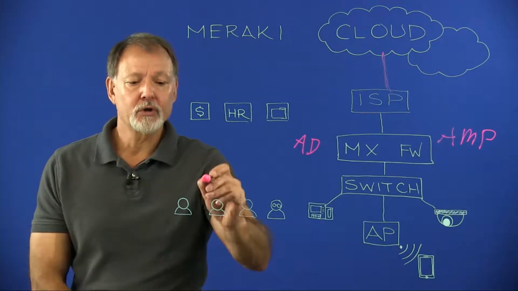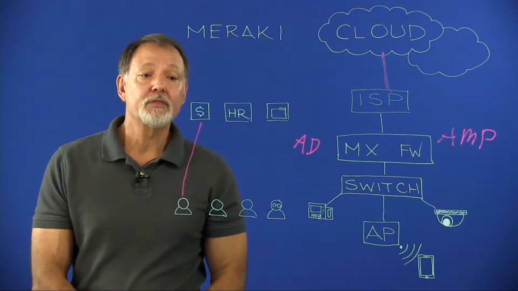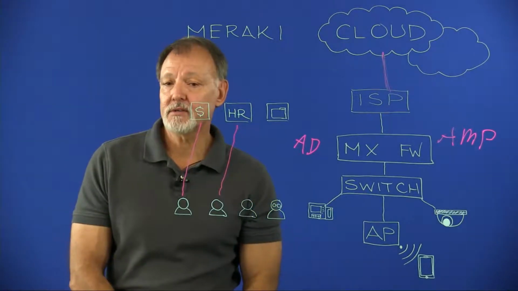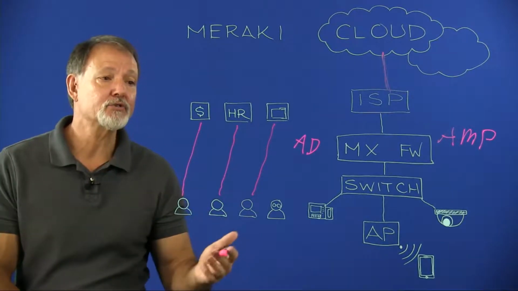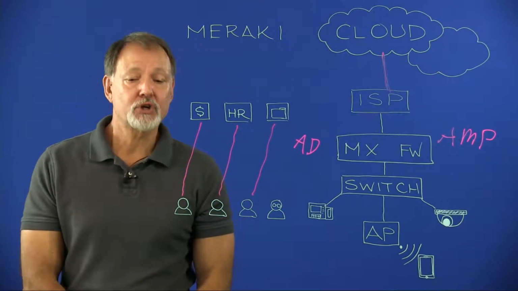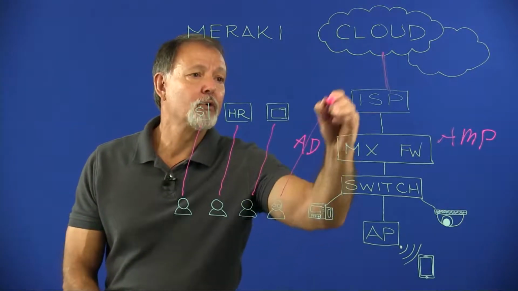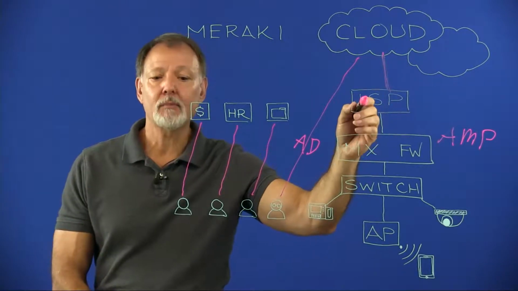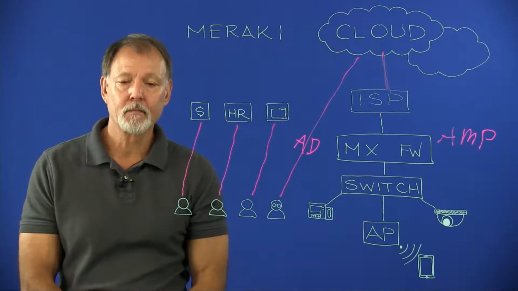Your director would have access, for example, to the payroll. Your managers would have access to HR. Your employees, of course, would have access to the general information and reports. And your IT staff would be the ones who would have access to the cloud in order to be able to set your policies and configure your devices as well.